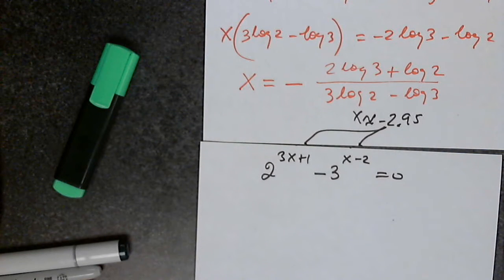So 2 caret, 3 times the previous answer plus 1, close the parenthesis, minus 3 caret, in parentheses, previous answer minus 2. When I close the parenthesis and hit enter, what should I get if that's the correct answer?